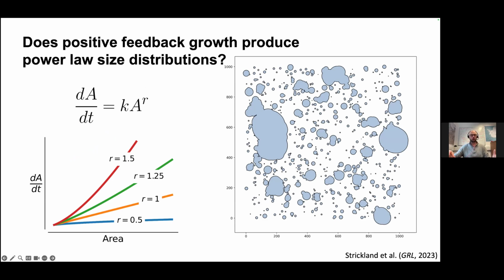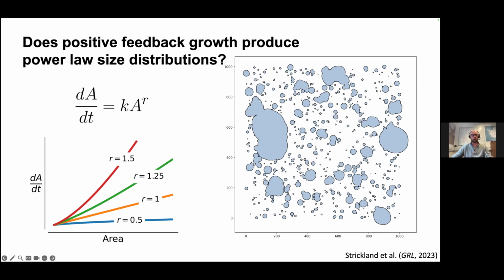It's a square model space, and I populate it with a bunch of circles that represent small depressions. And all of these circles at the beginning were taken from a normal distribution, and to that, we apply a growth rate to these depressions.